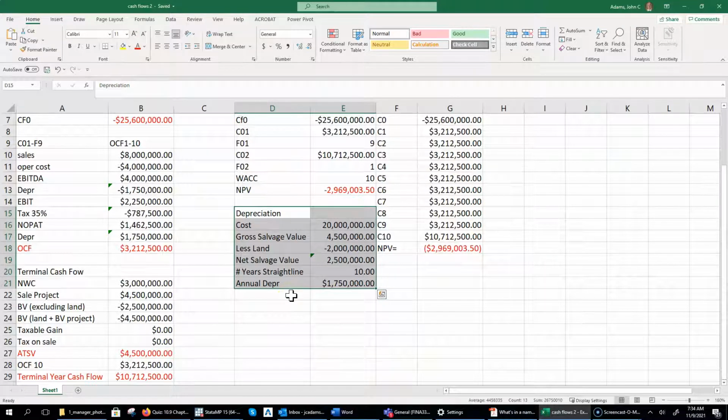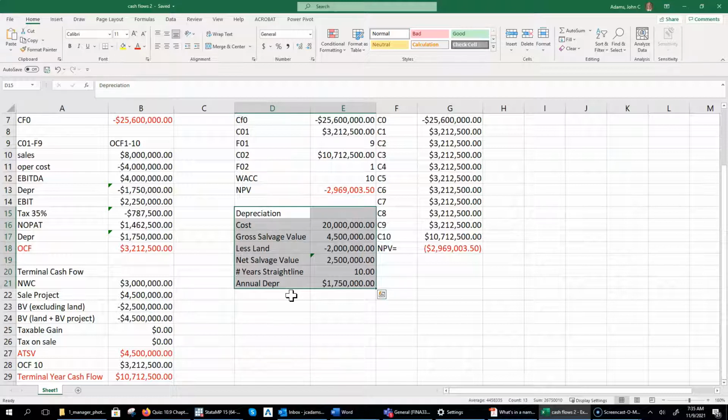So let's hop right over here and talk about depreciation. In straight line depreciation, if we go to Investopedia, or the Chartered Financial Analyst guidelines, the way we calculate straight line depreciation is different than the way we calculate the modified accelerated cost recovery depreciation, in that for straight line depreciation, we take out the estimated salvage value.